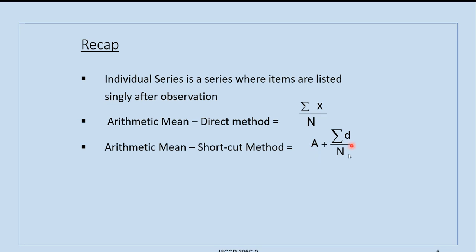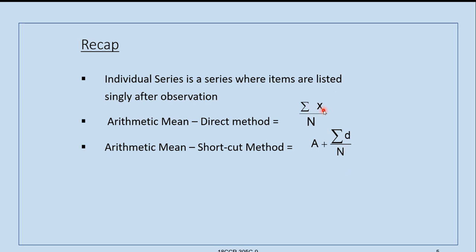And whereas in shortcut method we have seen assumed mean plus sum of the deviations taken from the actual observations minus assumed mean, which is divided again by number of observations.